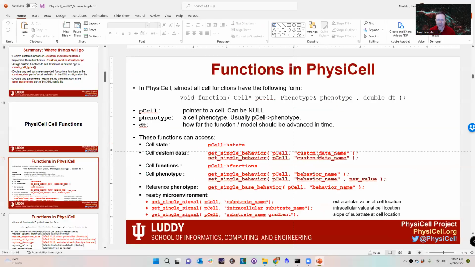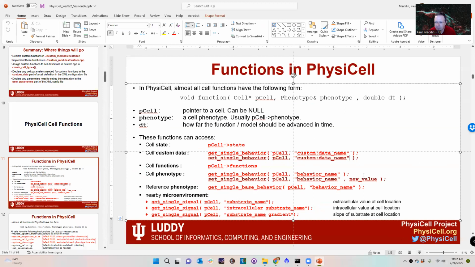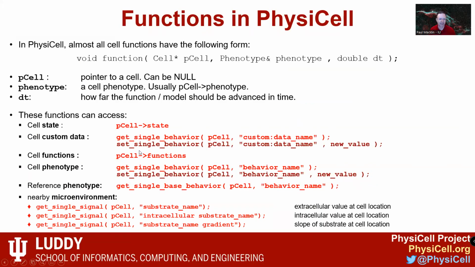Oops, there's actually a typo here. I'll fix that now and update the slides later. But there's basically get and set, right? So you can set a single cell behavior saying which cell I'm working on, the cell passed by pointer, custom colon, the name of the custom data, and then the new value.